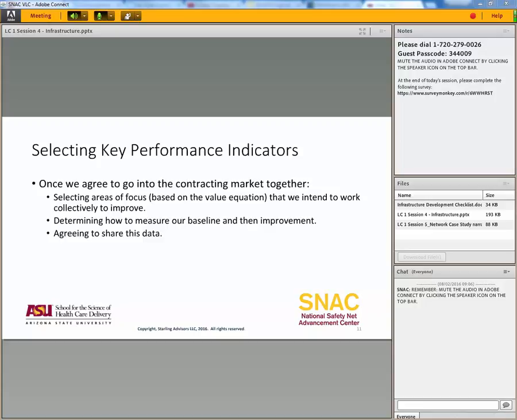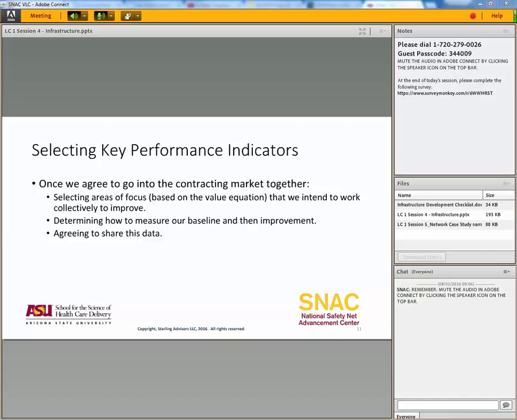We talked about performance indicators a little bit, but I want to tie it back because I think it's so critical to addressing that challenge of ultimately achieving a business case for coming together. So even if you're a network that has no contracts with health plans, has no contracts with the state, or isn't in a Medicare payment arrangement, it's still critically important to have performance indicators because your business case is predicated on improving outcomes, decreasing costs, or improving the patient experience.